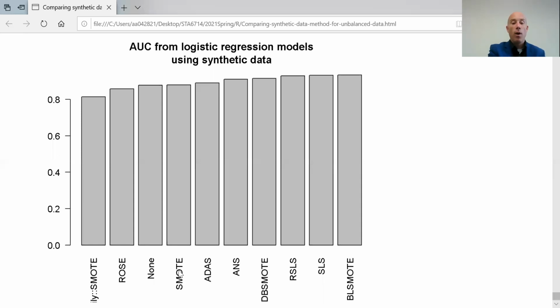Now, when I look at smote from data mining with R, it's a little bit better, but not by much. And then we have a little bit of improvement with ADAS, then ANS, and it keeps on getting better until really I would be looking at one of the two safe level smotes or the boundary level smote. These look like they'd be the best option for the problem I'm working on.